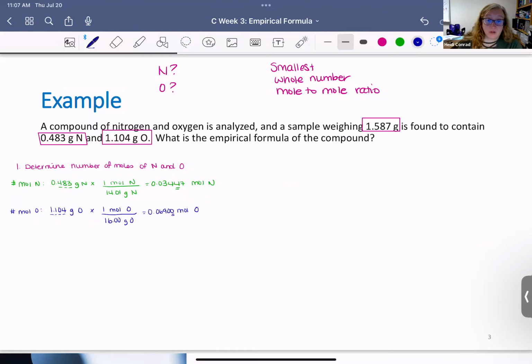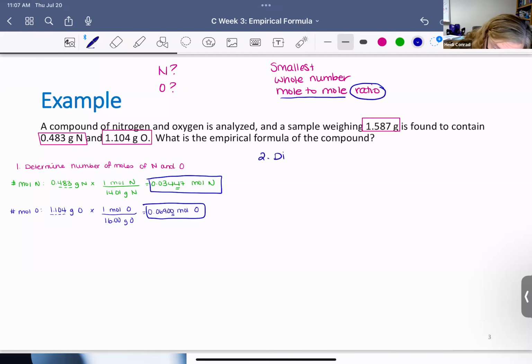So now that I have the moles, I've got the mole-to-mole portion. Now I want the ratio. So I'm going to compare these 2 numbers, and I'm going to divide them, specifically the moles by the smallest calculated value.